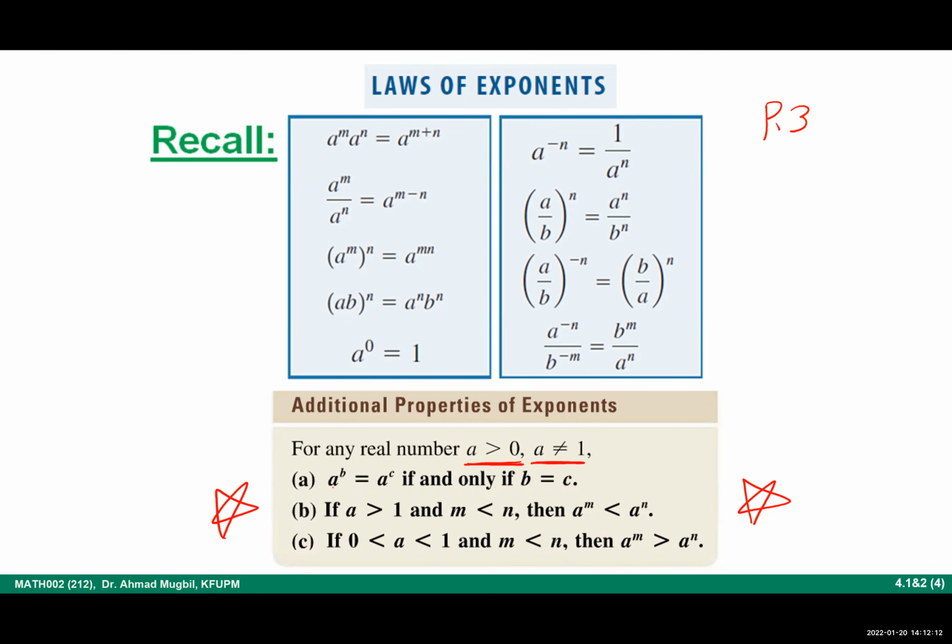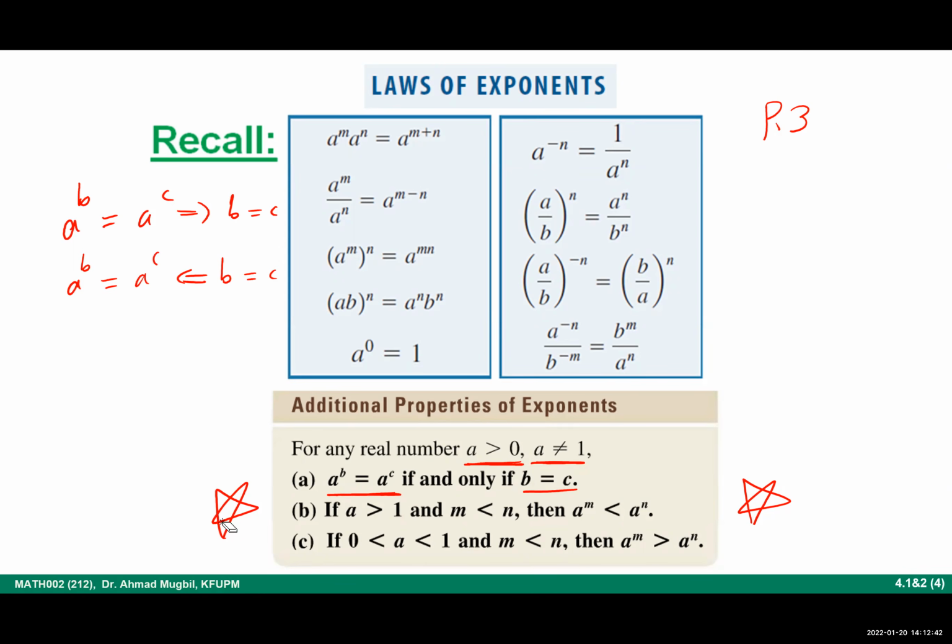When you have a to the power b equals a to the power c, two exponential expressions equal to each other with the same base, then you also have the same exponents. And it is if and only if, by the way. If a to the power b equals a to the power c, this implies that b equals c. Also, if b equals c, this implies that a to the power b equals a to the power c.